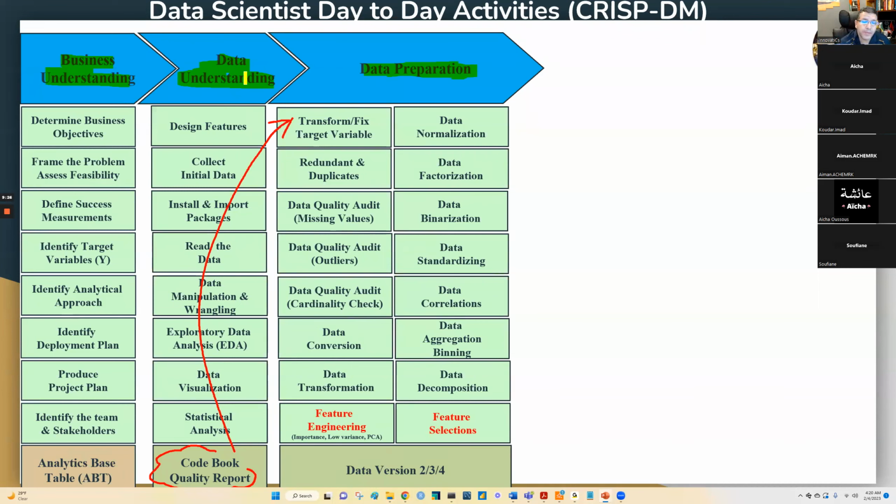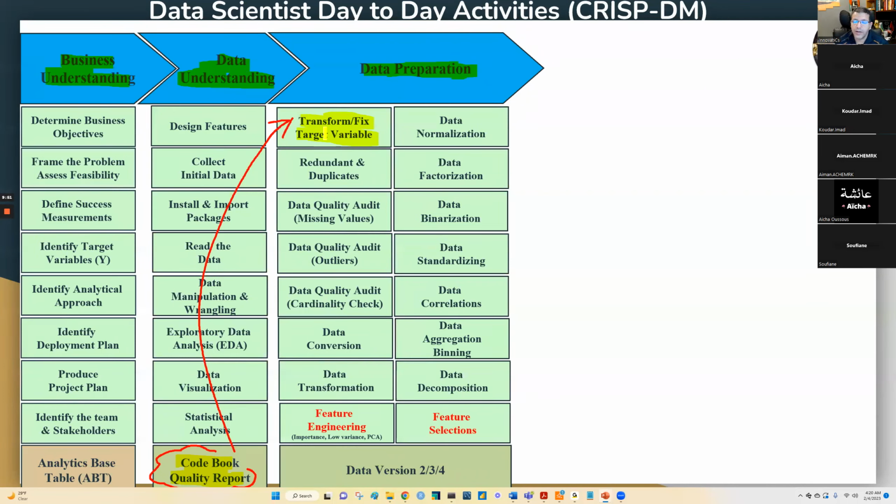Then now in data preparation, we have a list of what needs to be fixed, and that is what we are going to use. But in general, there are a few things that you could do to your data. You could transform your target variable. If your target variable is continuous, you need to check the normality of your continuous target variable.